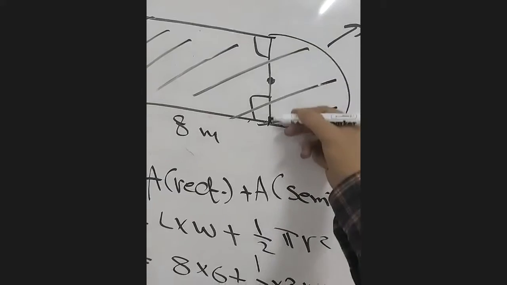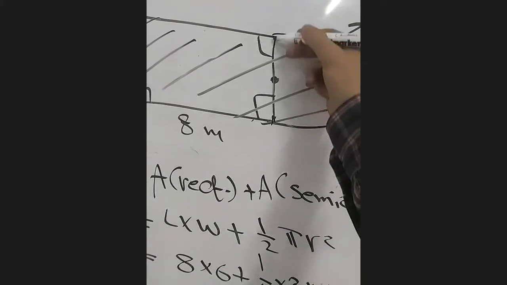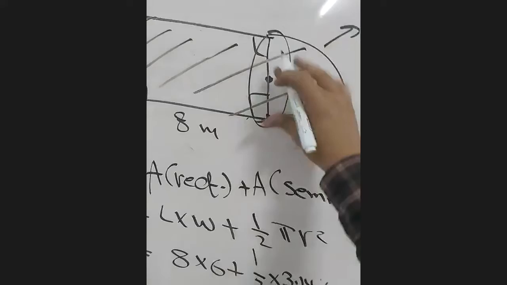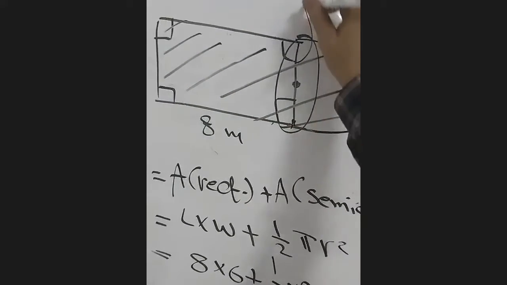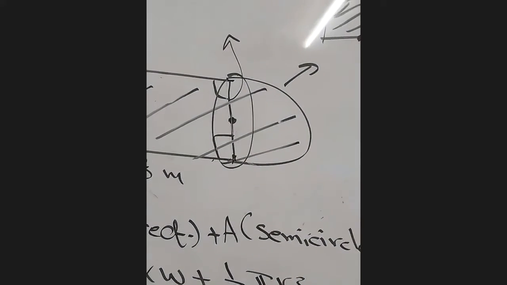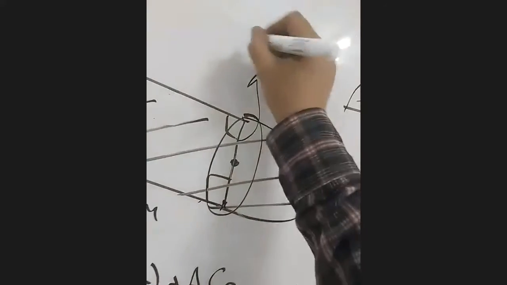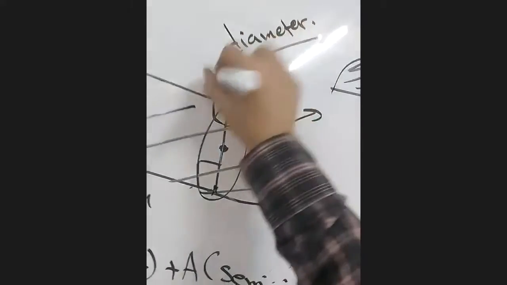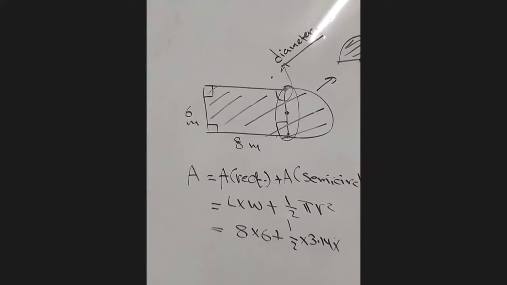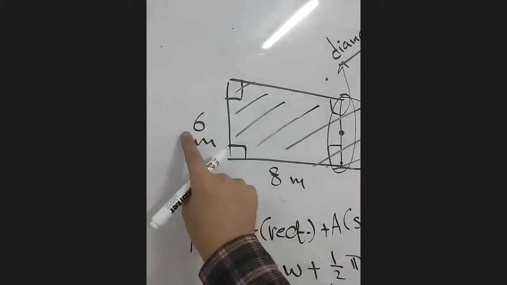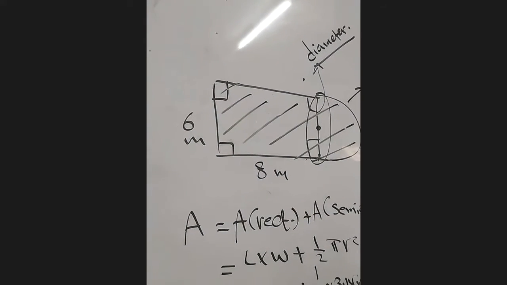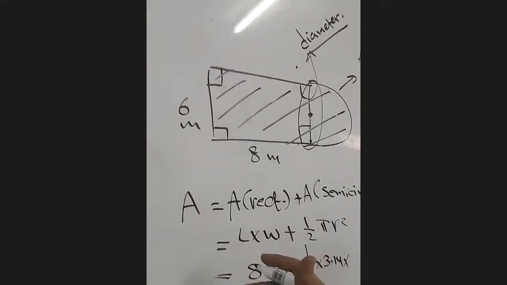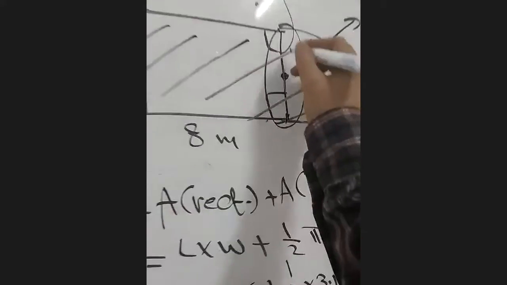Look. Diameter, yes. The diameter is how much? 6. I don't want the diameter. I want the radius. What's the radius? It will be 3. The half.